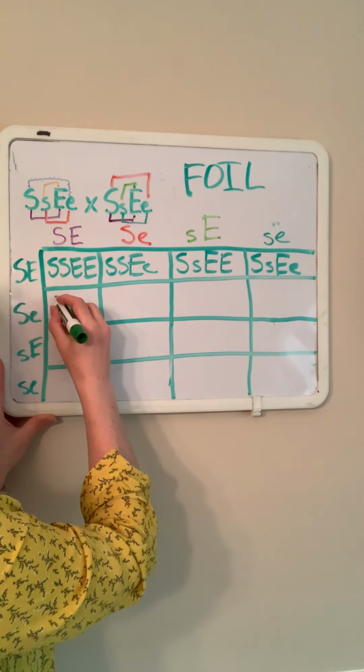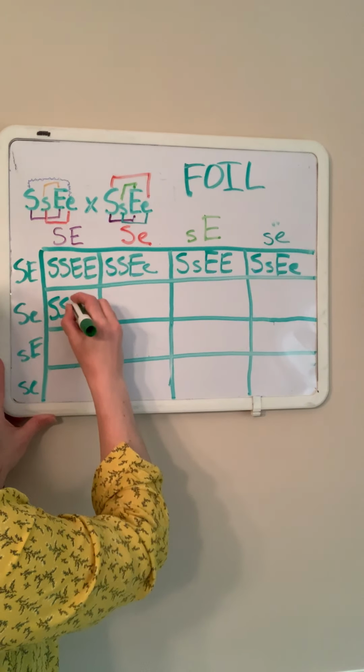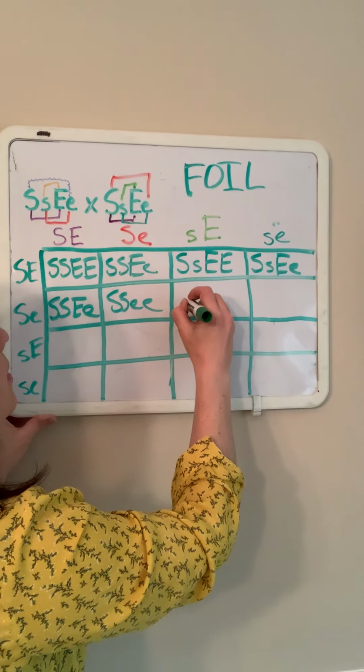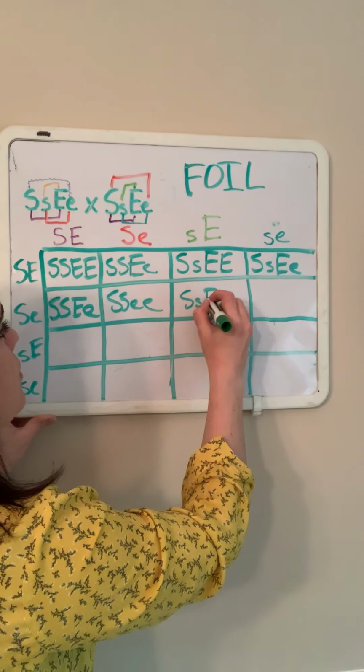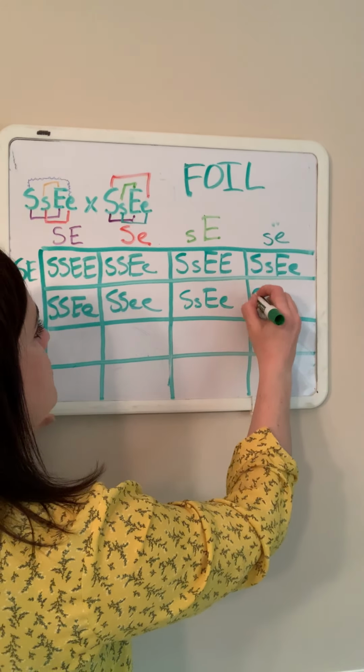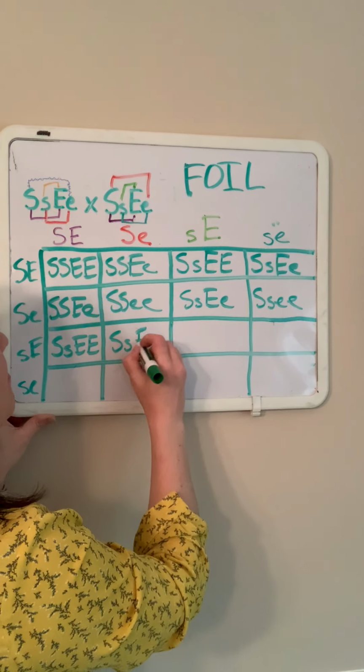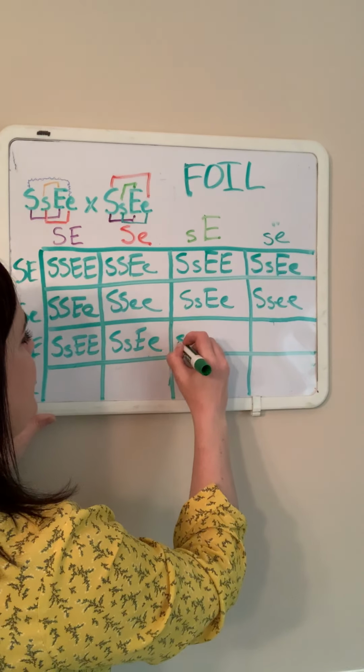So I'm just gonna go through and finish this Punnett square by bringing things down and over. This actually gets pretty fun, I think anyway.